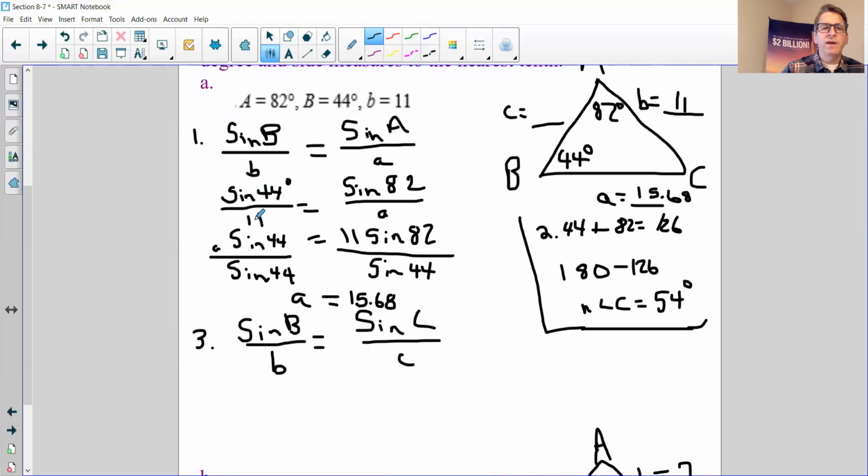So let's go ahead with sine of 44 over the side B, which is 11, and that's equal to the sine of 54.